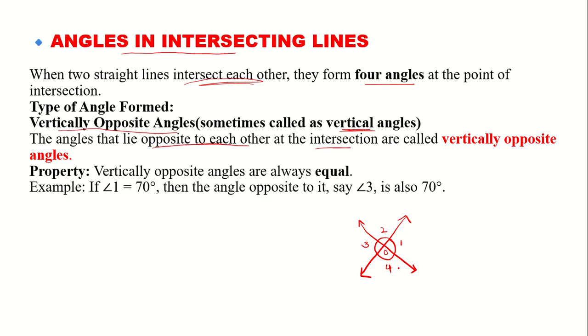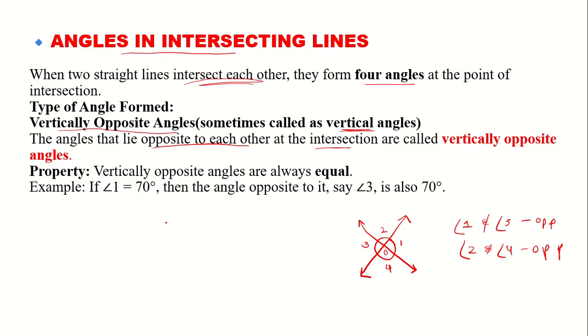Now, in this figure, angle 1 and angle 3 are opposite to each other, and angle 2 and angle 4 are opposite to each other. Now, angle 1 and 3 are vertically opposite angles, and angle 2 and angle 4 are vertically opposite angles.